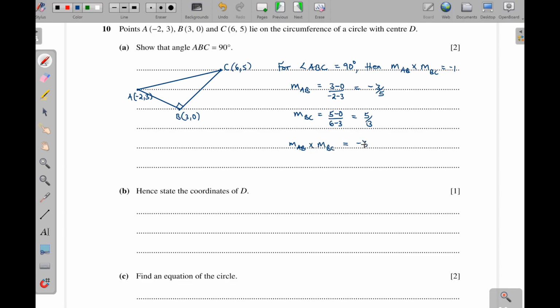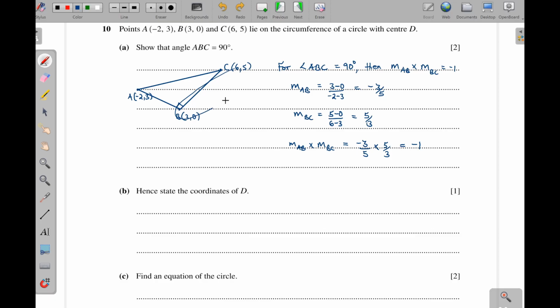We get a negative 1, so negative 3 over 5, times, this is 5 over 3. Of course, you can see this one cancels with this, and then this one with that, and then we get a negative 1. So, by doing that, we have proved, because this is what we wanted. So that means AB is perpendicular to BC. You see that?